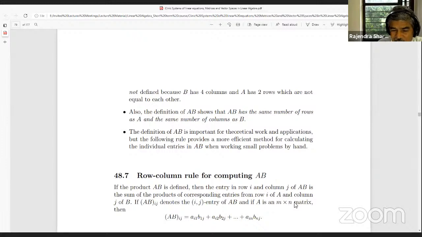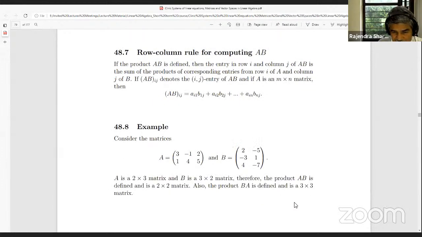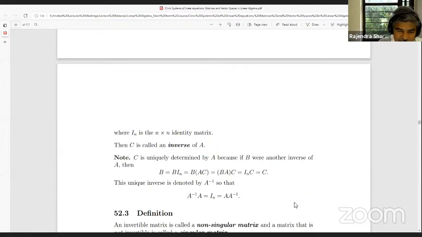That means if you have, say, alpha times beta plus gamma, it is the same as alpha beta plus alpha gamma.